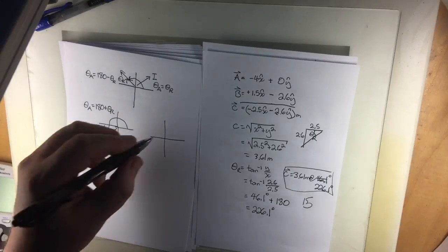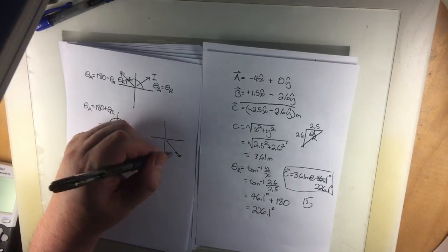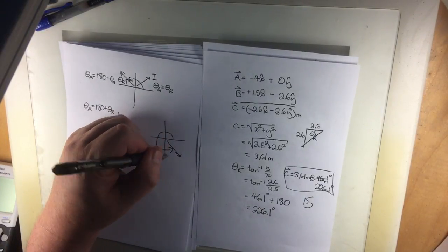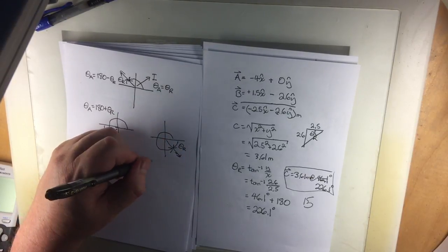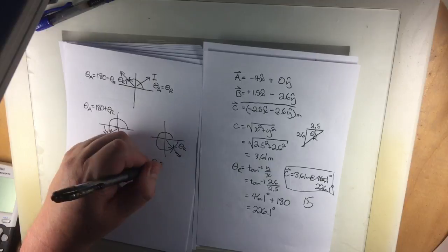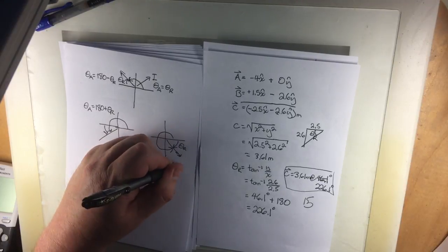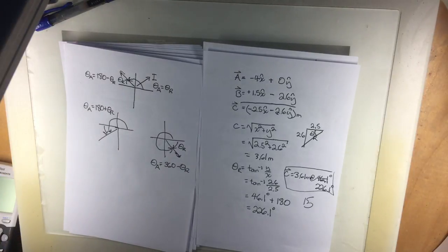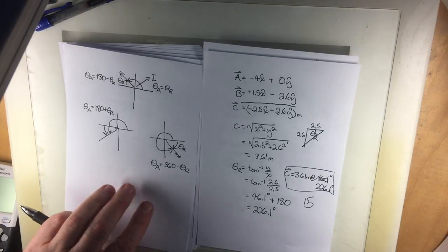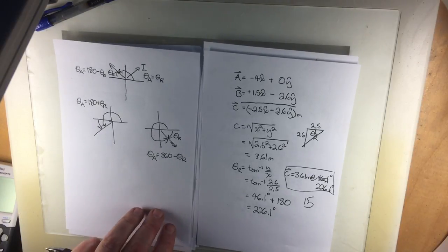For fourth quadrant, that is your reference. So absolute is 360 minus theta r. What I typically do is I just draw the circles and then you just look at it. And so that's how I determine absolutes and references.